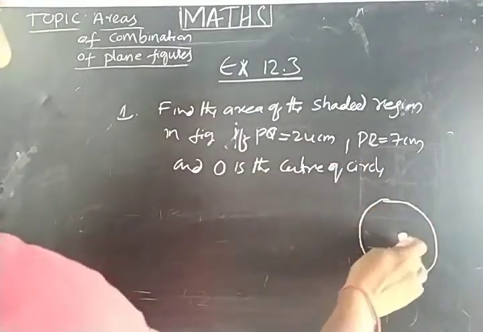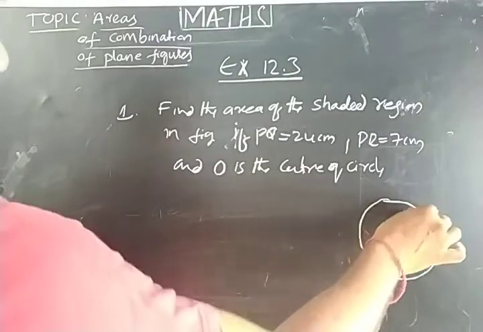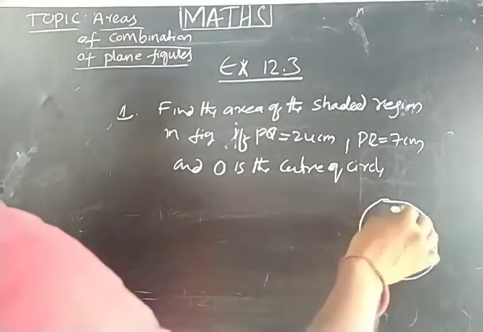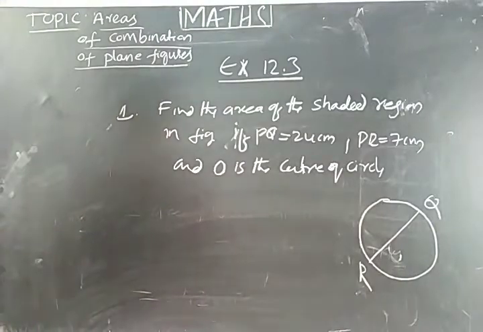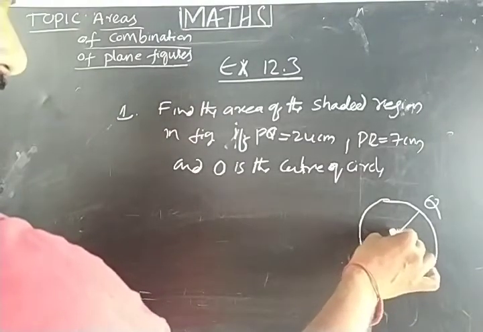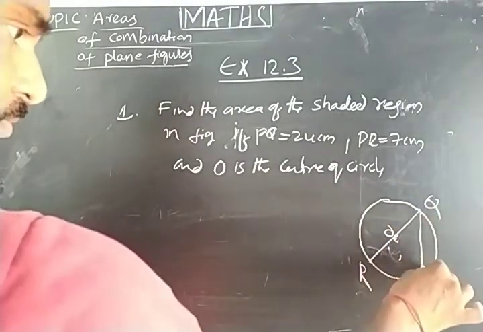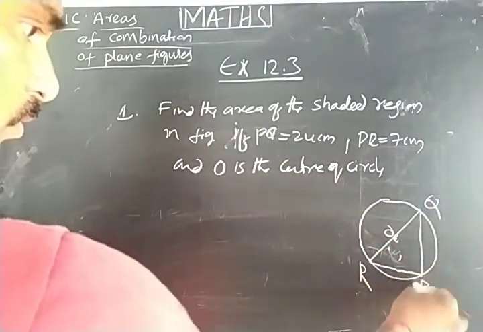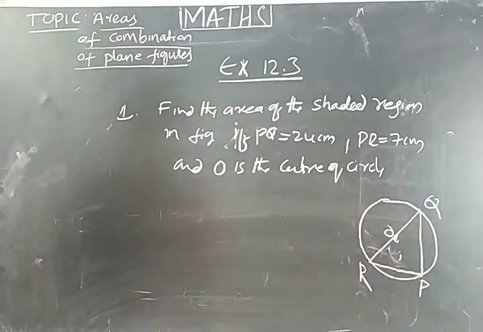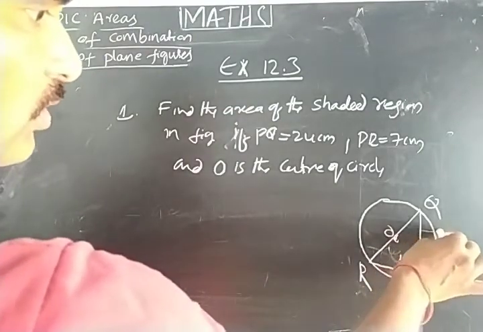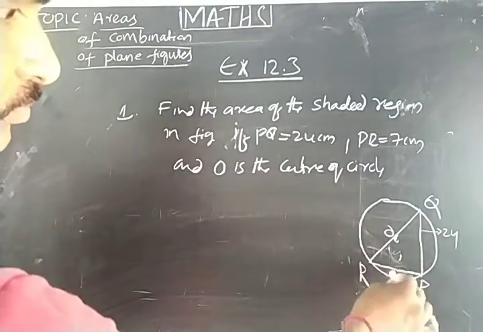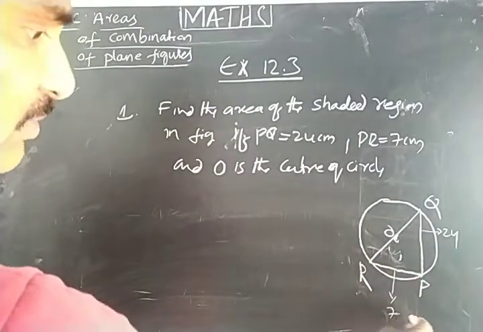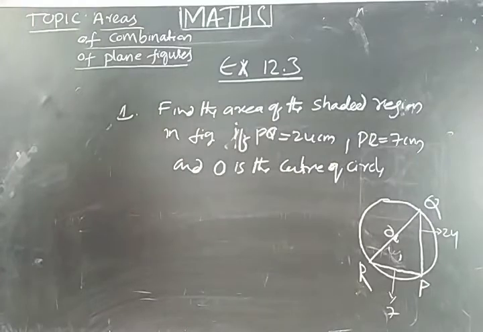Now we have this figure. Here we have QR as diameter, and the center O. PQR is a triangle, and we have PQ length 24, and PR is 7 centimeters, right?